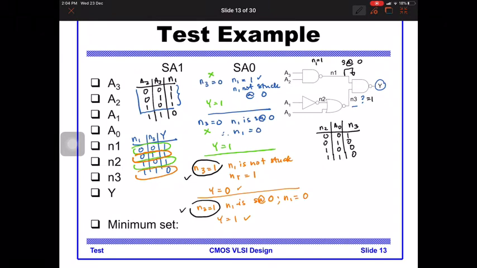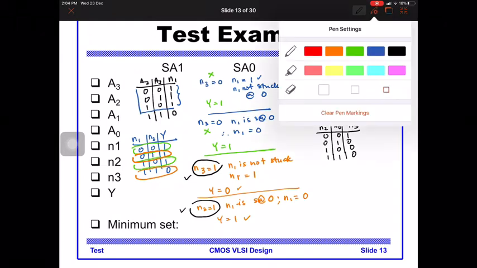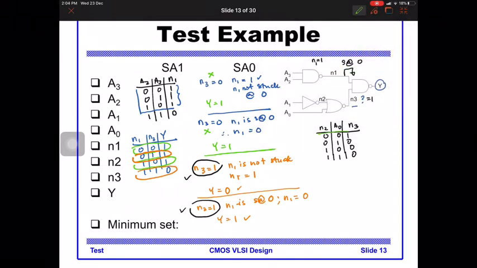Okay. So you want N3 to be 1, and N3 to be 1 is only one possibility, which is this one. Okay? So you know what is A0. Now you know N2 here is 0. So if N2 is 0, this is an inverter, so A1 equals to 1.